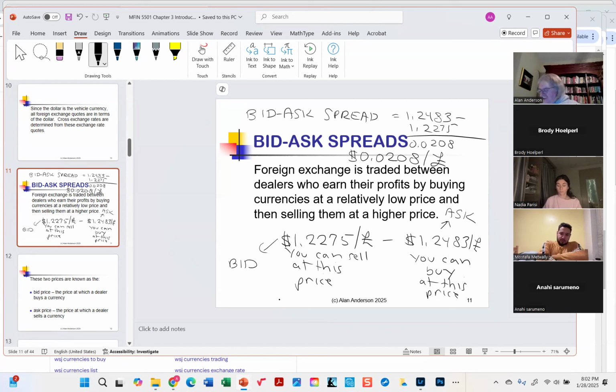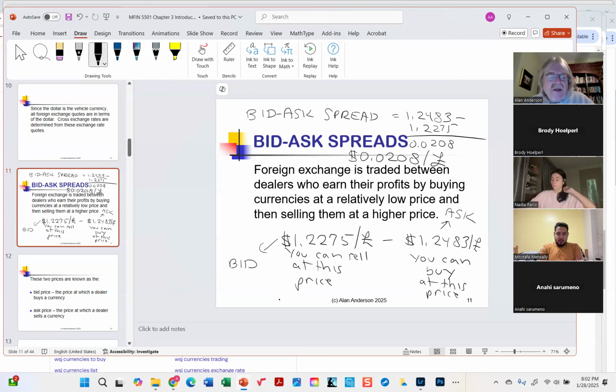That is their profit margin from dealing with their clients or customers. So 2 cents per pound roughly is how much they're making on each transaction. Now you might say, well, that doesn't sound like a lot of money, but let's face it, if you're only buying 100 pounds at a time, that's only $2.